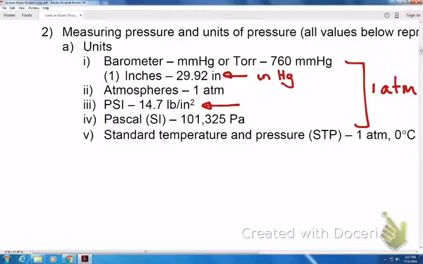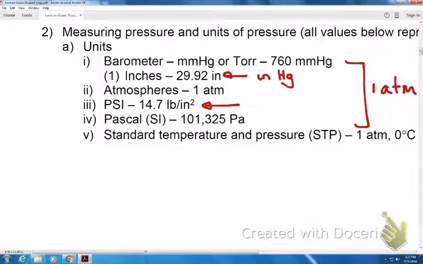We also have standard temperature and pressure, which is referred to as STP. For scientific purposes, STP is one atmosphere and 0 degrees Celsius. When we compare data for gases, a lot of times we convert it over to STP conditions so we can compare, like, what's the volume of that gas at STP?